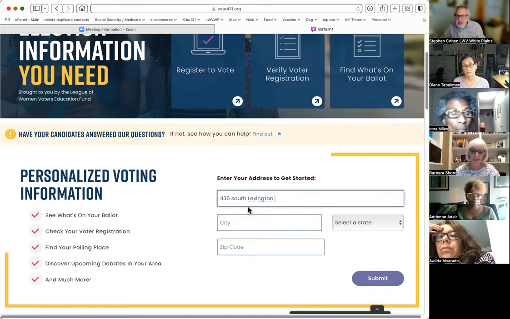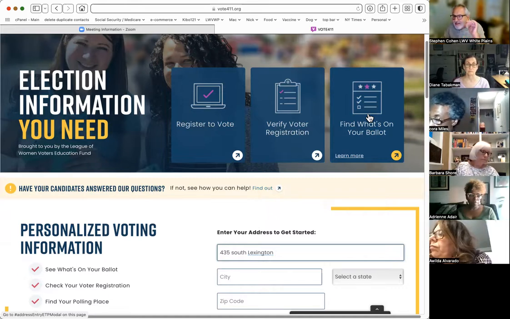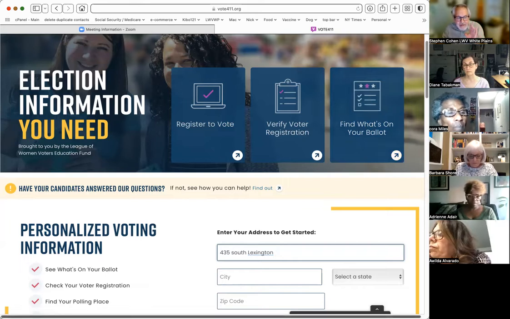They were able to go here, select a state, and find out if they were registered to vote. This website also allows you to find out what's on your particular ballot and how the candidates feel on things. So Vote 411 is a real gold mine of information, and my colleagues have worked very hard to get all this stuff in order. I encourage you to keep this in mind.